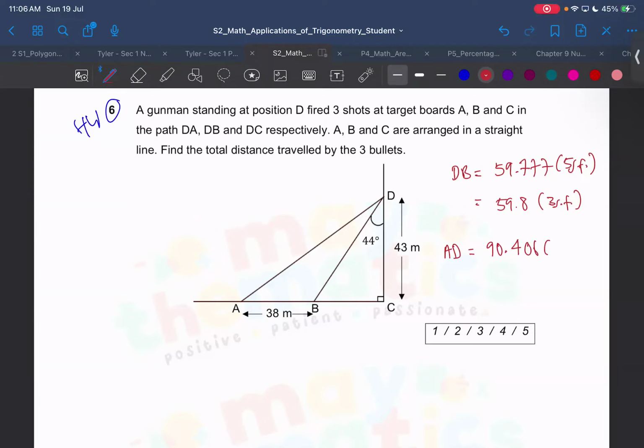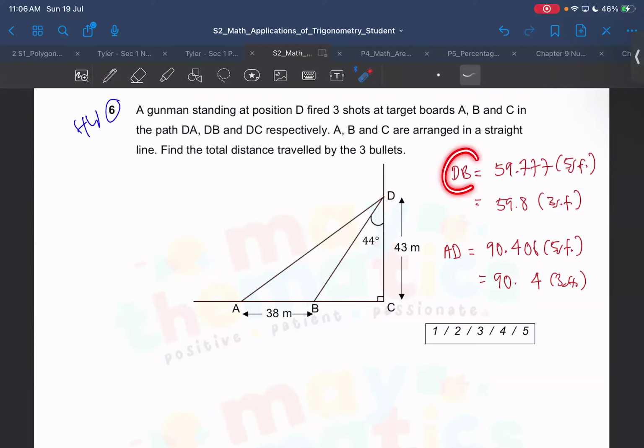Okay, that's 5SF. Then 3SF will be 90.4. Then what about BC? What is the length of BC? Of course, they already give you DC.